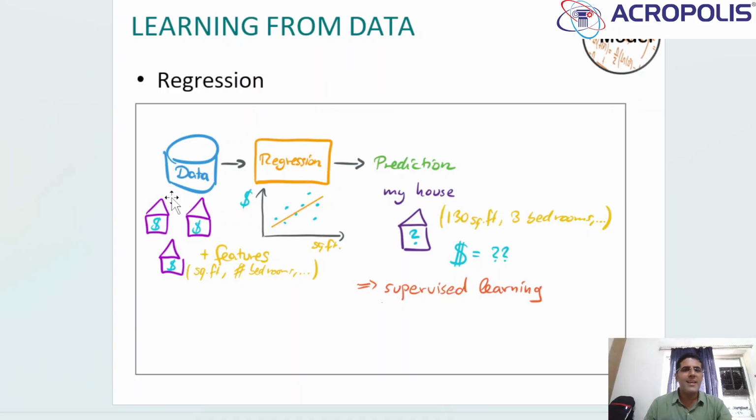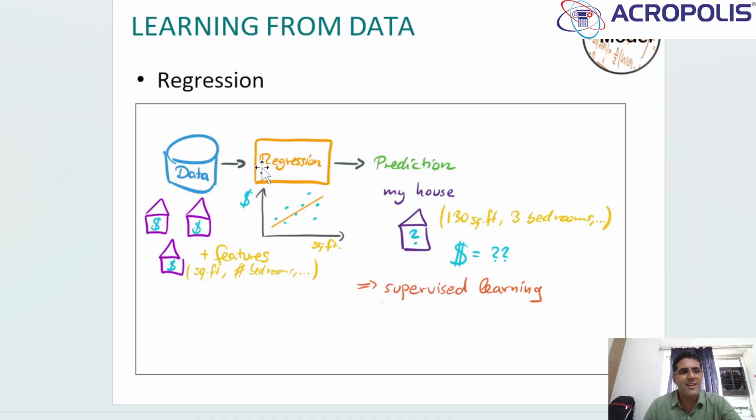The data set might consist of the number of rooms of the house, the size of the house in square feet, or other amenities. I have depicted the price with dollar, dollar, dollar, and the features I've written are square feet, number of bedrooms, XYZ. So there are different kinds of algorithms related to regression.